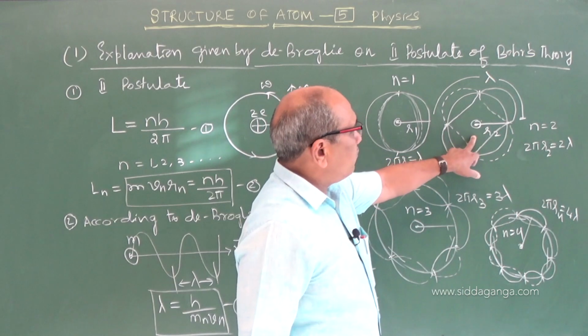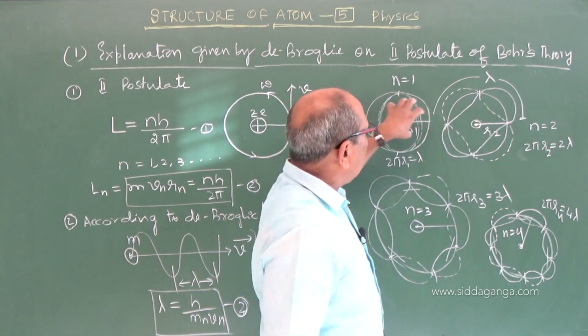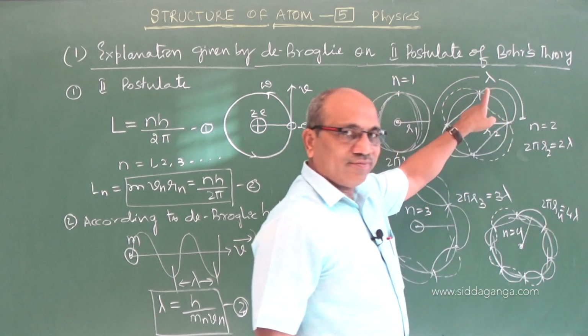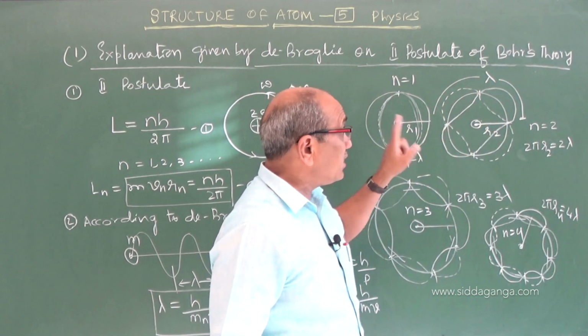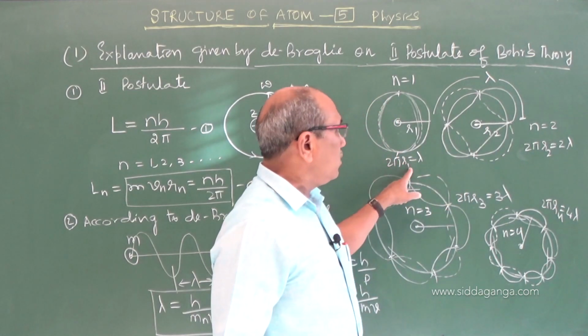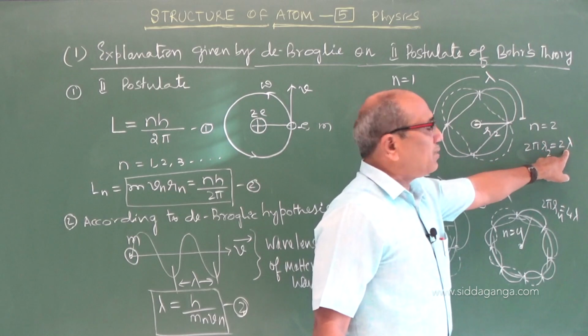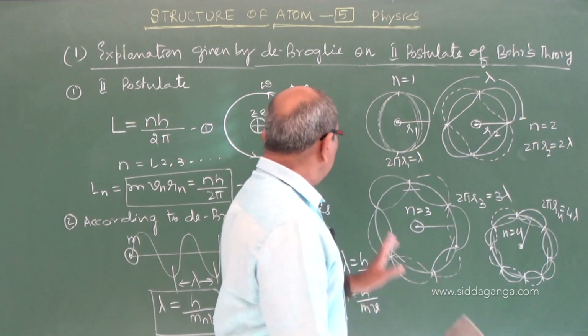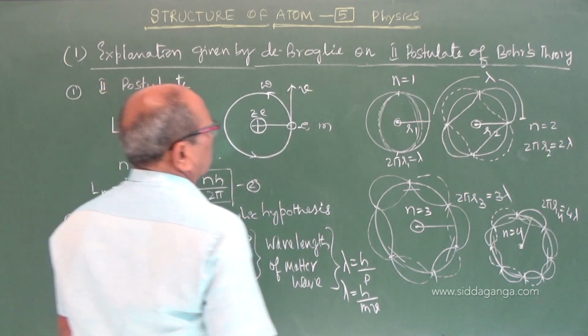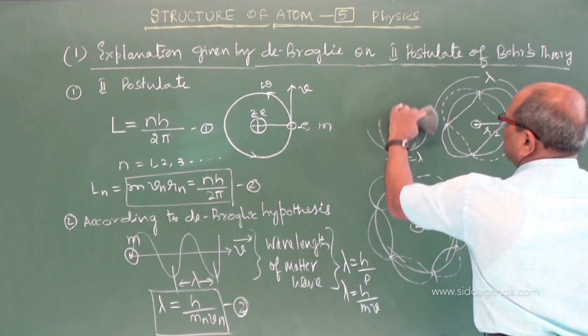And for the second orbit, it has to form 2 lambda. In the first circumstance, the length of the orbit, 2 pi r, should be an integer multiple of the wavelength.